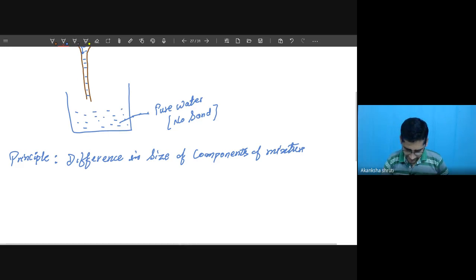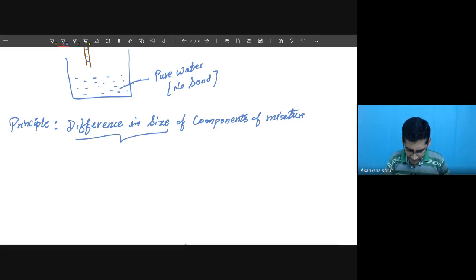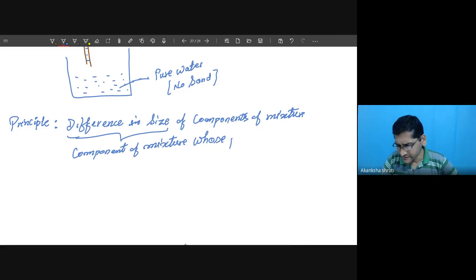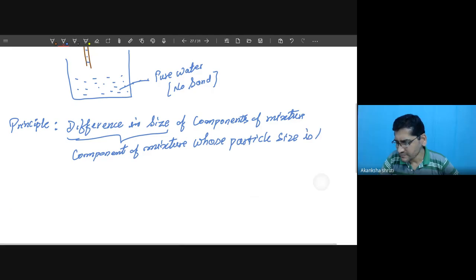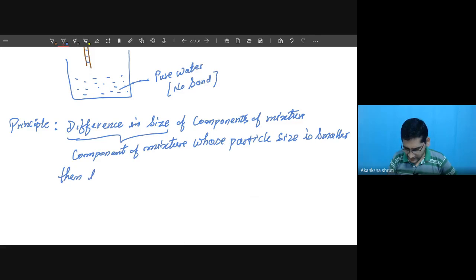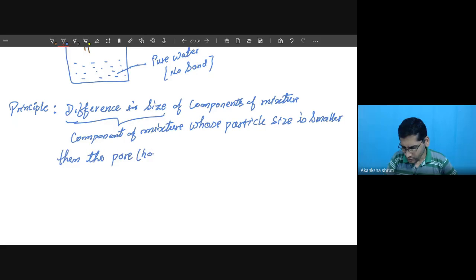So a component of the mixture whose particle size is smaller than the pore size will cross or pass through it. Pores are the small holes in the filter.